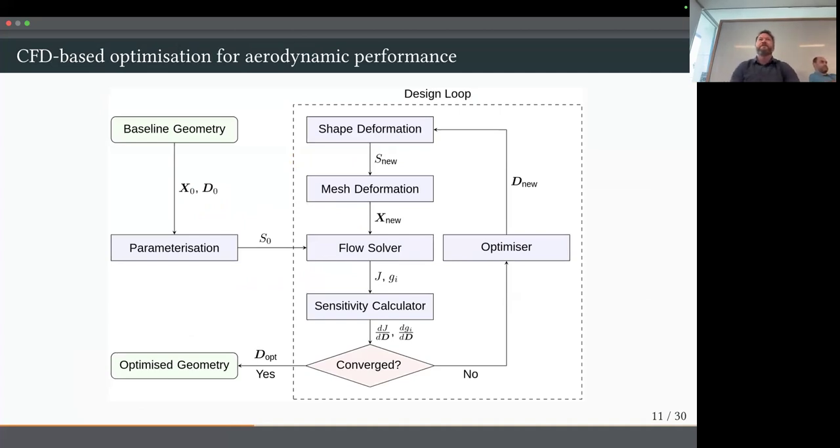So that leads me to this overview of how we do CFD-based optimization. And when I say we, this is not unique. This is a fairly standard flow chart for using CFD in the loop. You have a flow solver. We have one, thankfully.